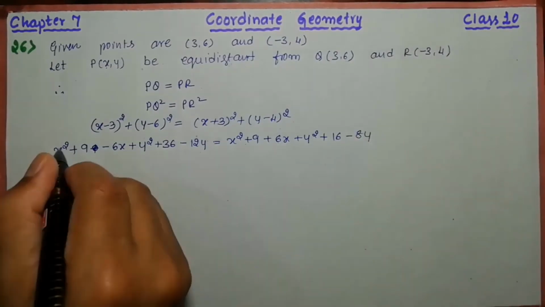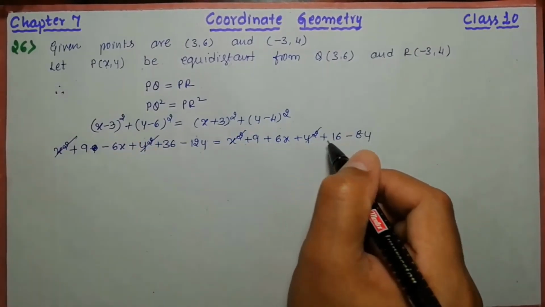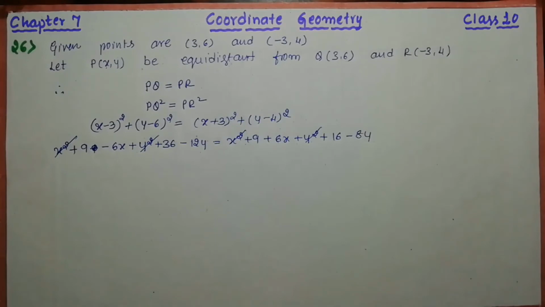Now look at here, x square and y square get cancelled. If any problem is asked in this way, x square and y square will immediately cancel each other, and only x and y remain. Now you need to simplify the remaining thing.